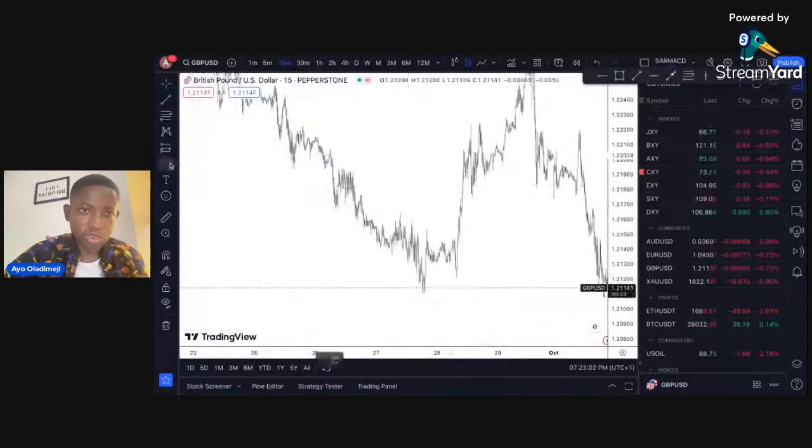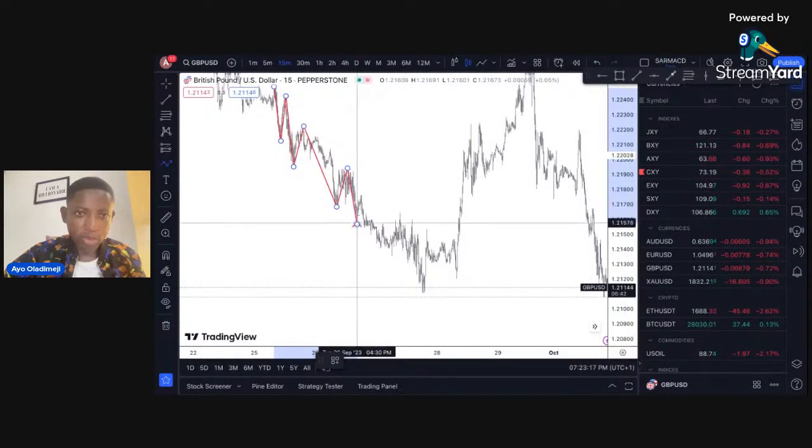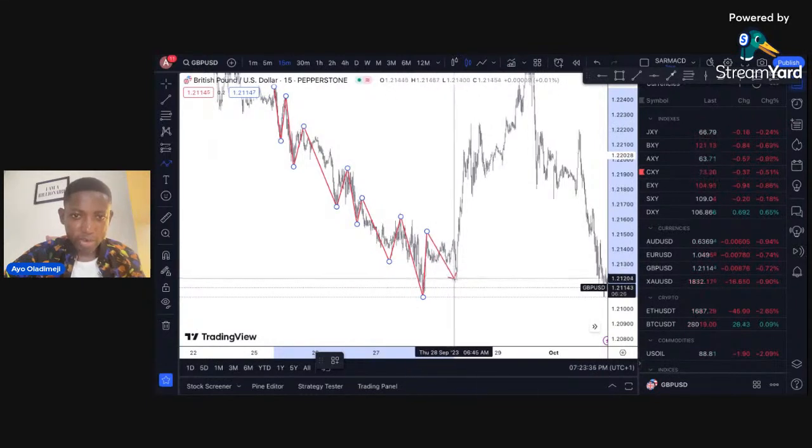You can see the market doing this series of high, low, lower high, lower low, lower high, lower low, lower high, lower low, lower high, lower low, lower high, right? Lower low, lower high, and then we did not have a lower low, right? You see, we didn't have a lower low.